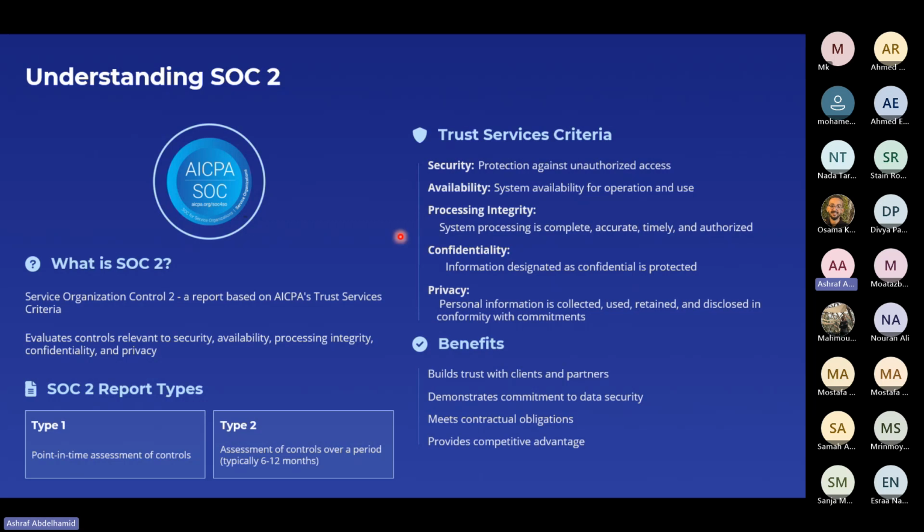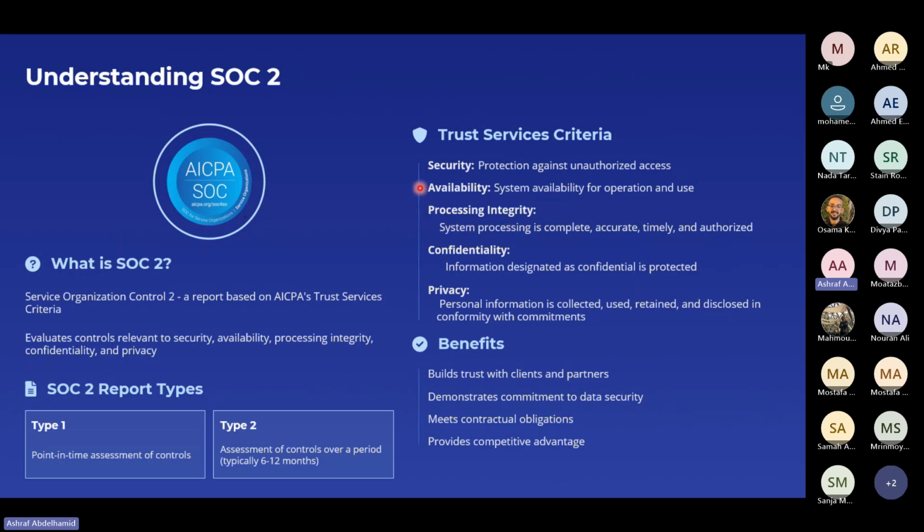The main difference between ISO 27001 and SOC 2 is that in SOC 2 we have five trust service criteria and choose among them. It's not mandatory for the organization implementing SOC 2 to have all five in scope. They can focus only on security, only on availability, or only on processing integrity, based on the organization.